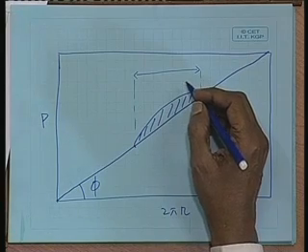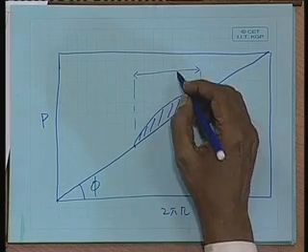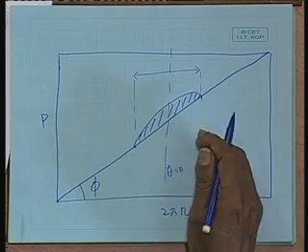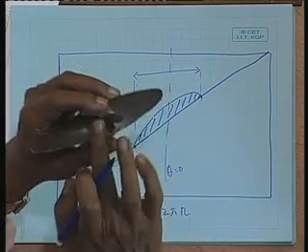I can say this is the theta equal to 0 line, and this is r. So what is the length of this arc? Projected length. Projection means I will have a circle and a cylinder at a constant section and I draw a line.